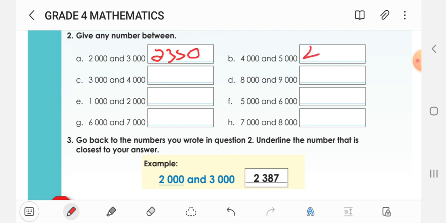It has to be 4,890. It is any number between 4,000 and 5,000. And then number C, any number between 3,000 and 4,000, and that will be 3,269. And you can do the rest because you have seen how we do it.